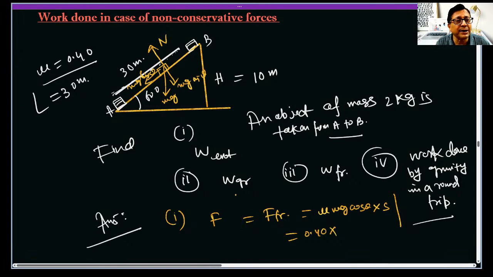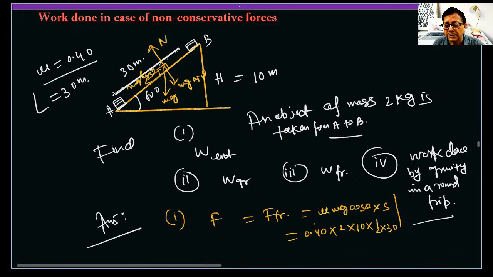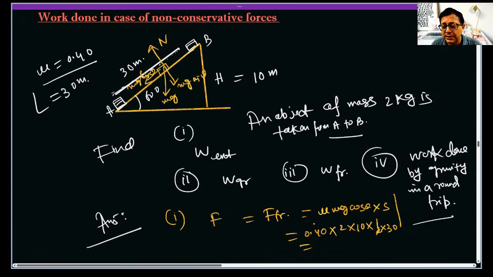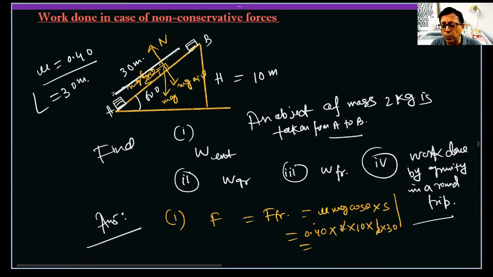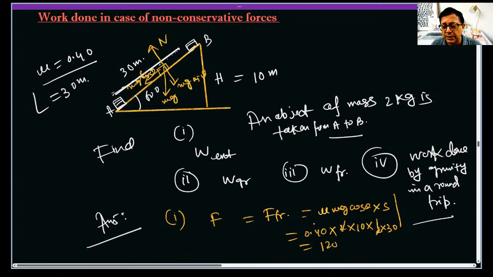That m how much I have taken? 2 kg. 10 cos 60 half and displacement 30. Idea is clear? Just simplify it. This will be that is 4 into 30, 120 joule.